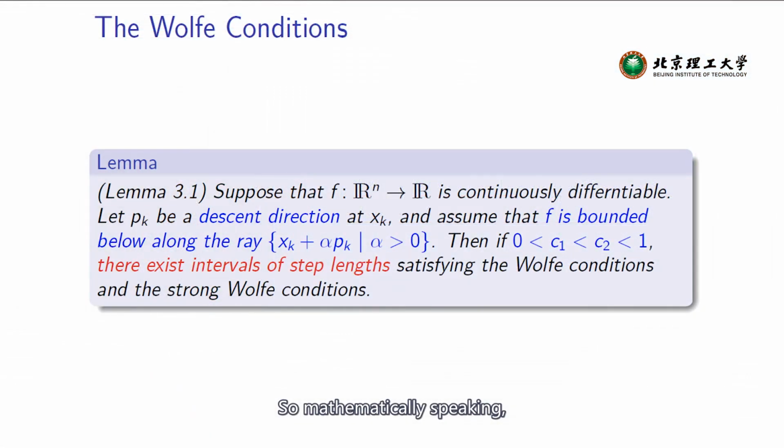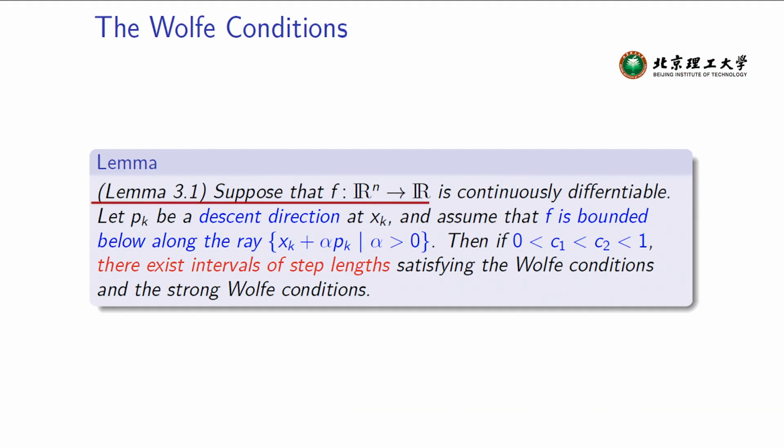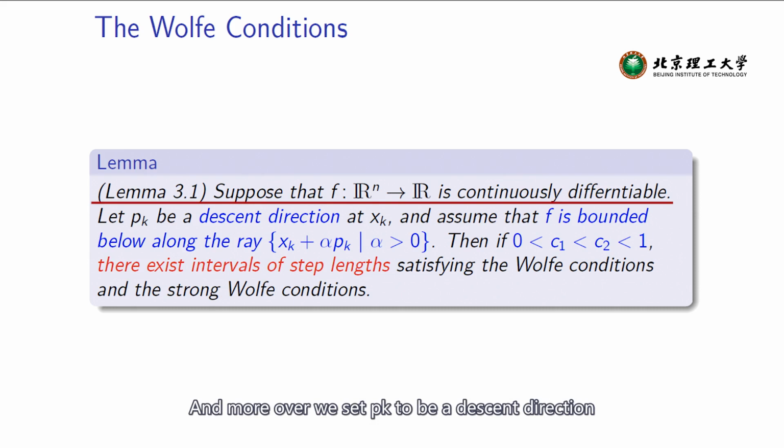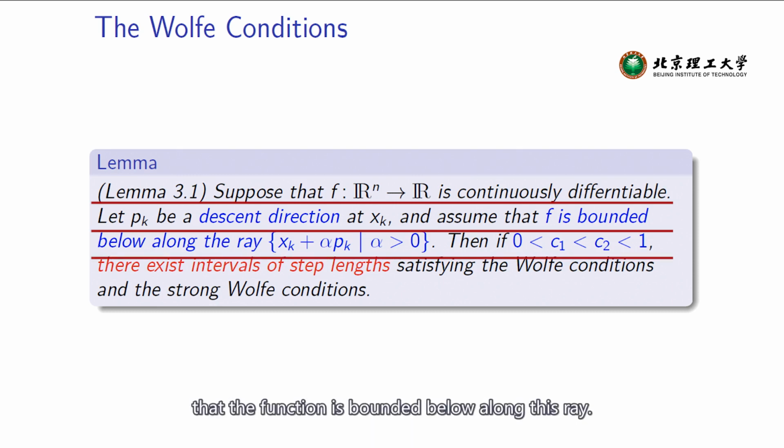Mathematically, we assume the function is continuously differentiable, and we set pk to be a descent direction at the current xk, and we require that the function is bounded below along this ray.